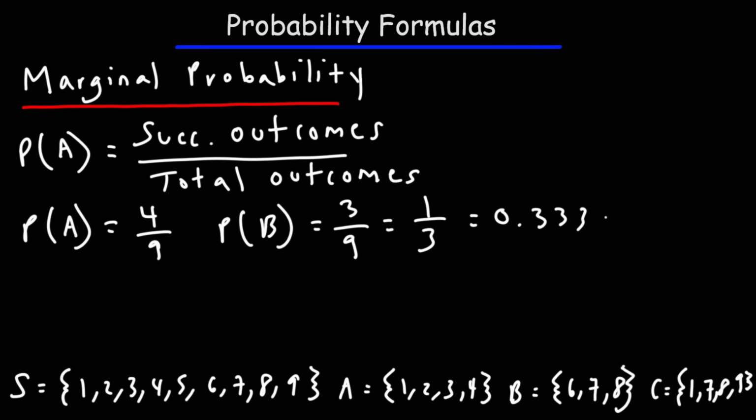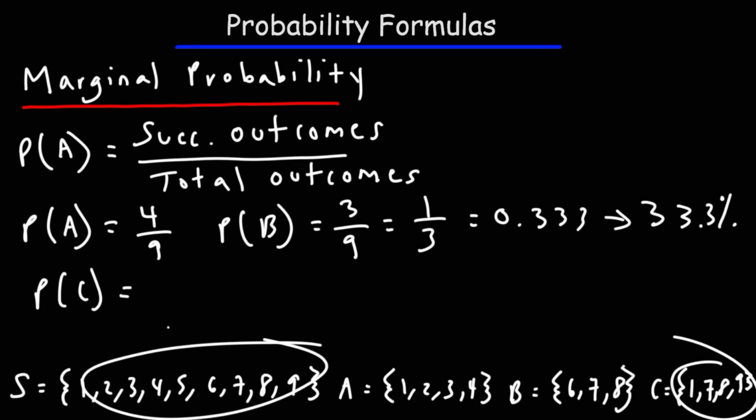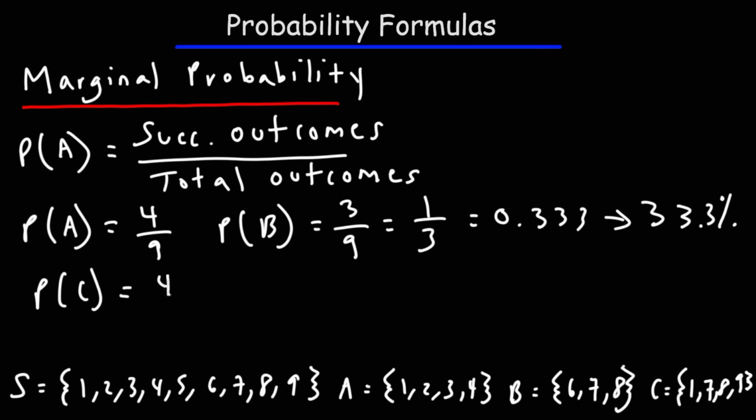And so that corresponds to a 33.3% chance that event B will occur. If we want to calculate the probability that event C will occur, we have 4 out of the total 9 elements that are possible. So it's going to be 4 over 9. 4 over 9 is basically 0.444. So there's a 44.4% chance that event C will occur. So that's an example of marginal probability.